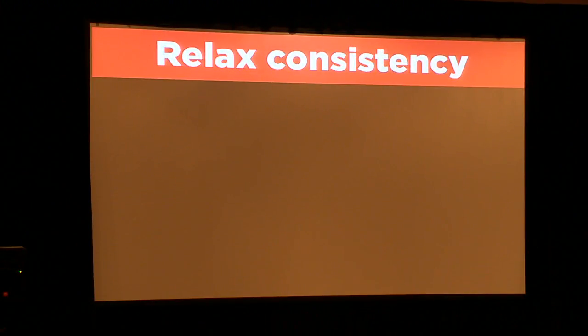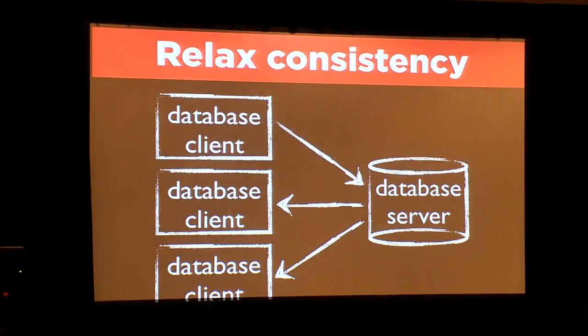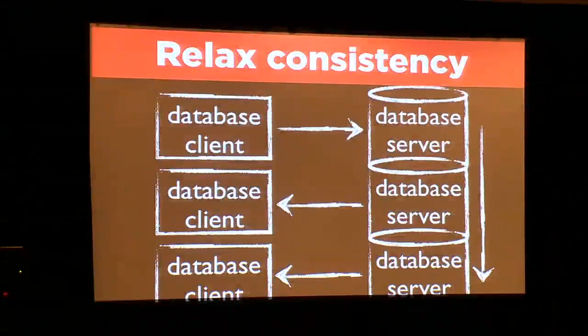Well, actually, consistency is important, yes, but you can relax consistency, and that way you can actually perform a lot more reads, for example, by doing replication and scale the system better instead of going to the same data source all the time, like in this example.